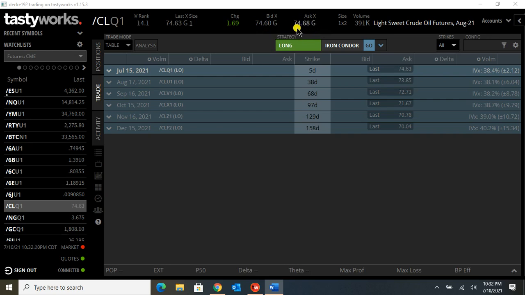So if you take 74.63, in this case, that was the last trade, and multiply it by 1,000, this is actually a $75,000 notional product, which is quite large for most retail traders. So it's important to know how much each future contract, the notional value, is worth before you actually start trading.